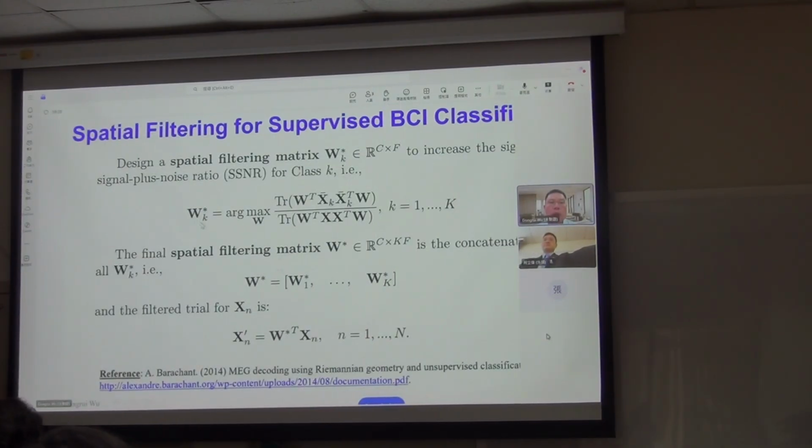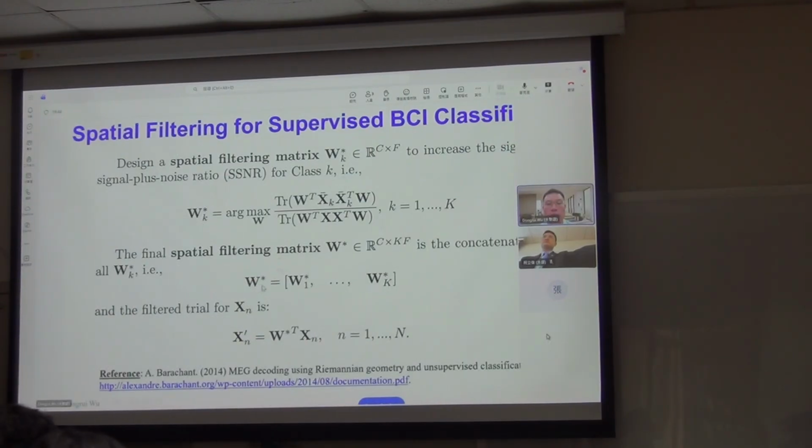And this W star k can be solved by eigenvalue decomposition. So we first design a set of spatial filters for each class, and then the final spatial filtering matrix W star is the concatenation of all these W star k for each individual class.